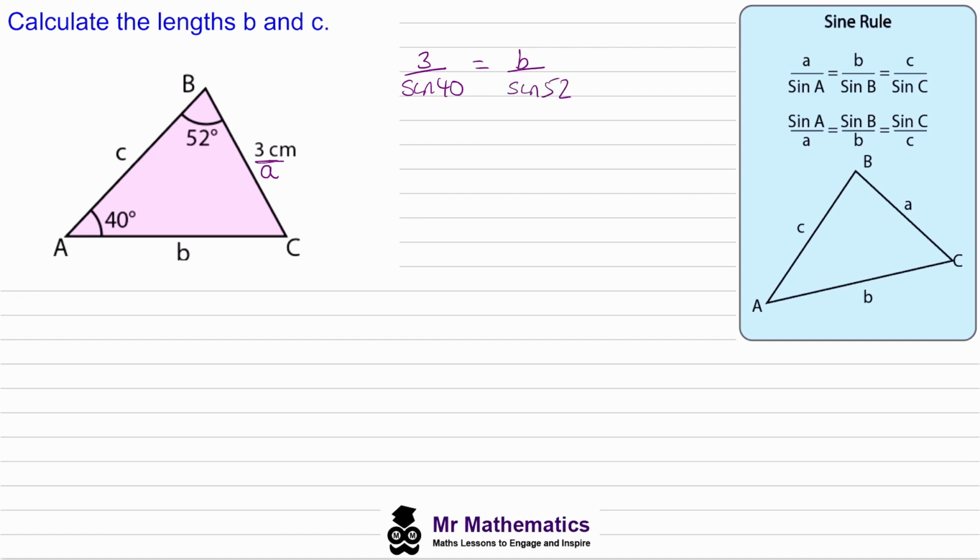Now you can see we're trying to work out this b, so we'll move this division of sine 52 to the other side of the equation. So we'll multiply both sides by the sine of 52.